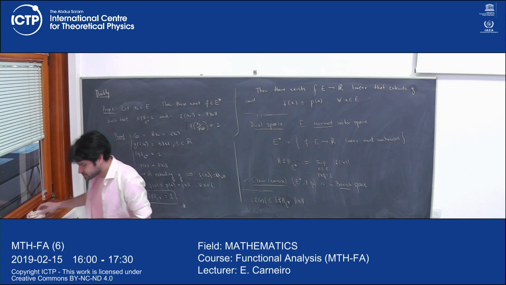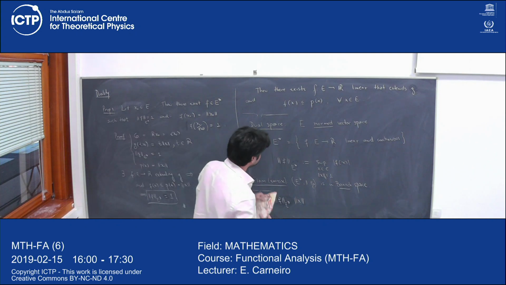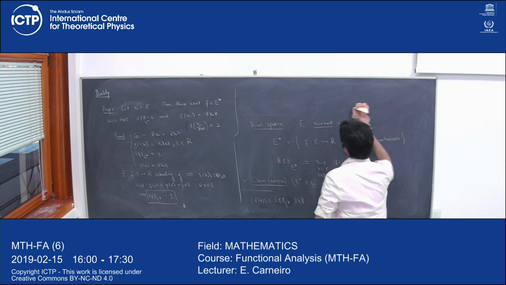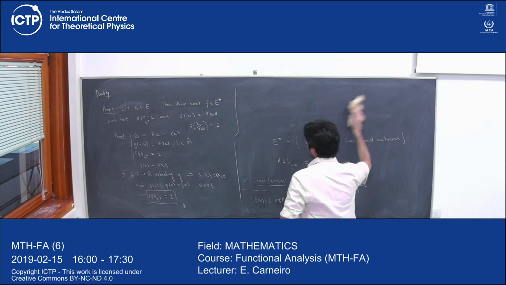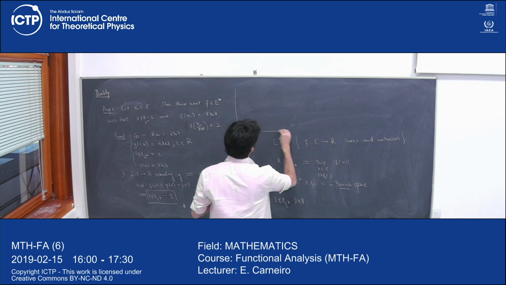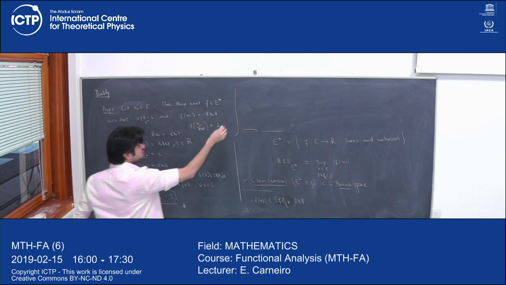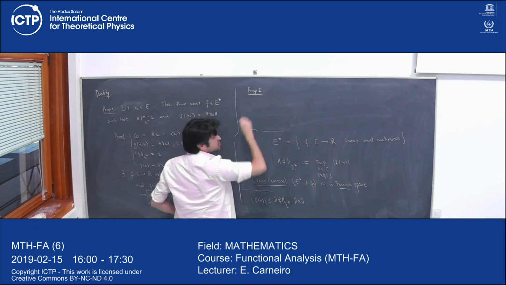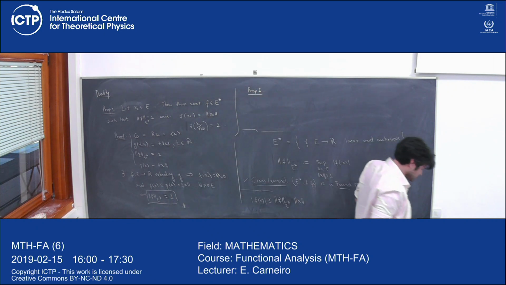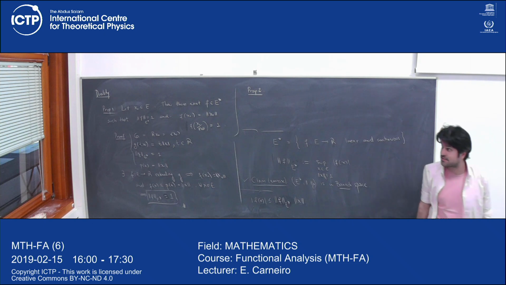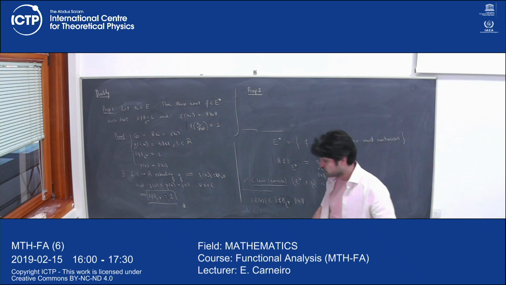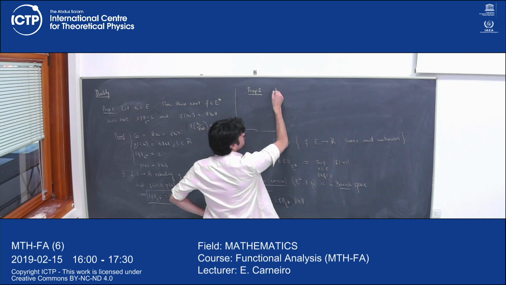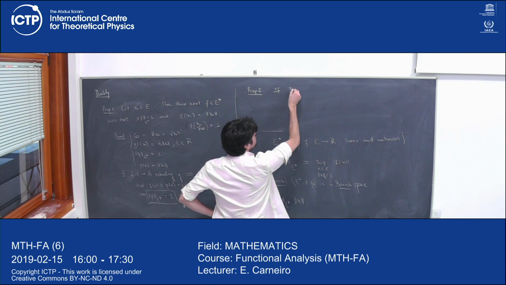Now, good. Once we have this, one proposition that is quite useful when we're doing analysis, and frequently you will be asked to use it, is how to relate a norm to the duality map.